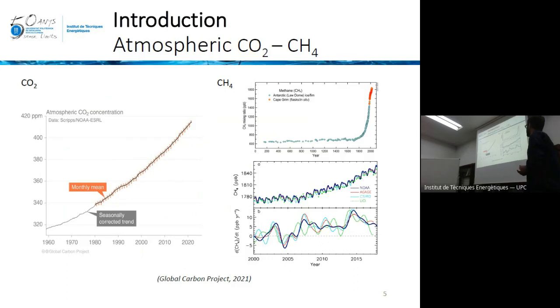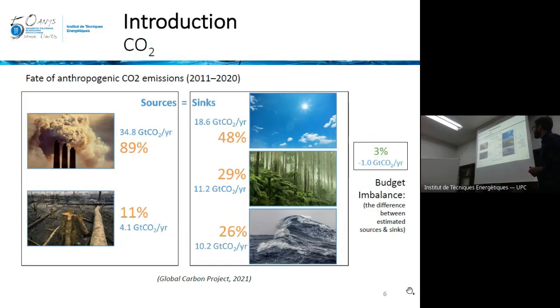And we see what's happening with methane. It has also risen from pre-industrial times, from about 700 to more than 1800 ppb. So where do these gases come from, and where are they going to?